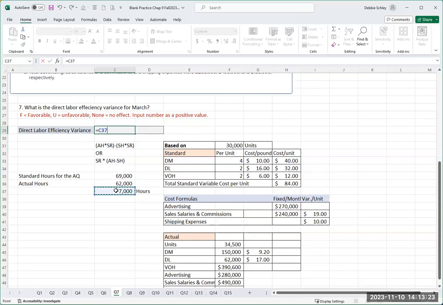So the 7,000 times the standard rate per hour, which is the 16, gives me a direct labor efficiency variance of $112,000. And if I look at it though, my standard hours are more than my actual hours. So what actually happened was they were faster than I expected. And so that is favorable.